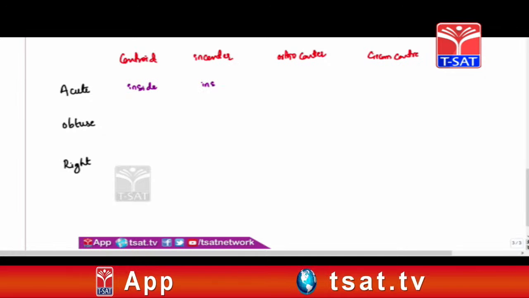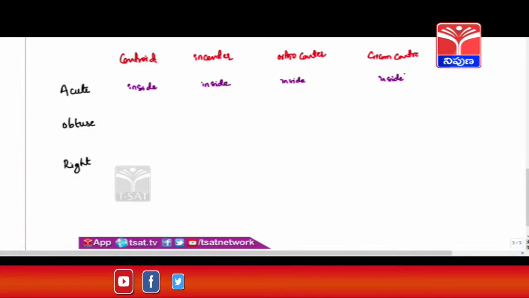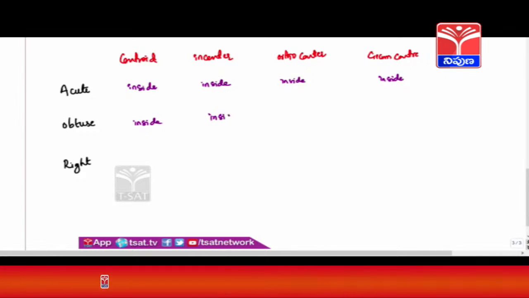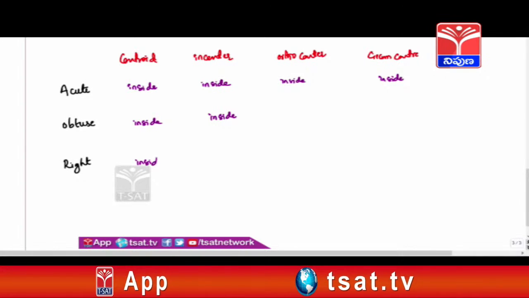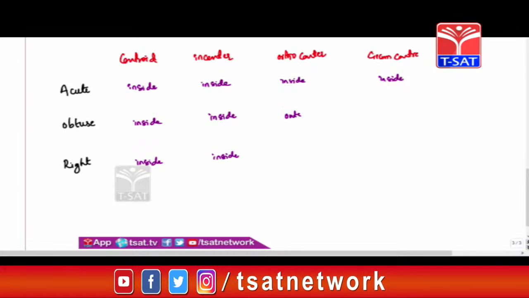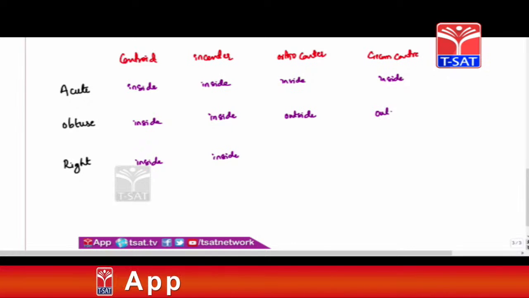Obtuse, the centroid and incenter are always inside. The centroid is always inside, whatever kind of triangle it is. But when it comes to obtuse, the orthocenter will be outside. The circumcenter is also outside.